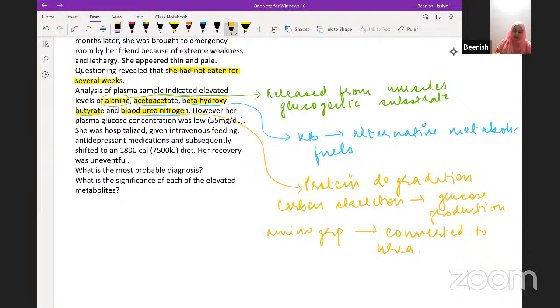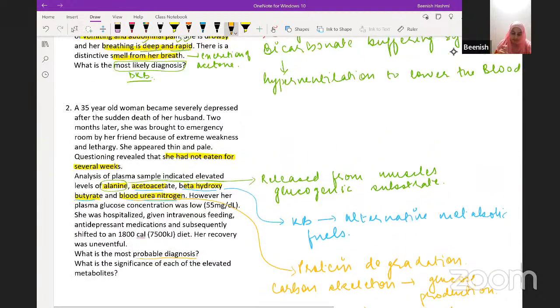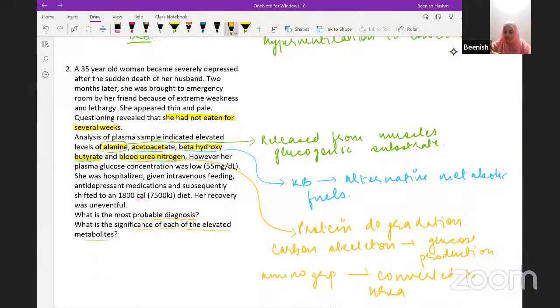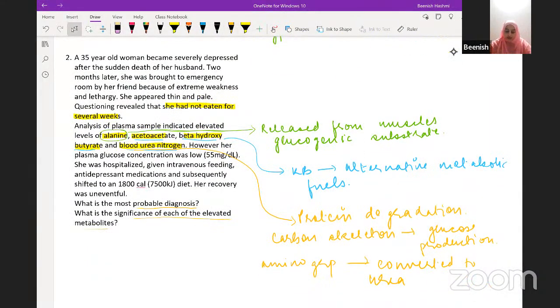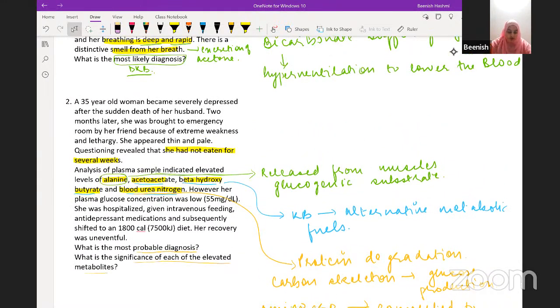So this explains the elevated blood urea nitrogen. So what will be your most probable diagnosis, and what is the significance of each of the elevated metabolites? We've seen why each of the metabolites was elevated. So this is a case of starvation.